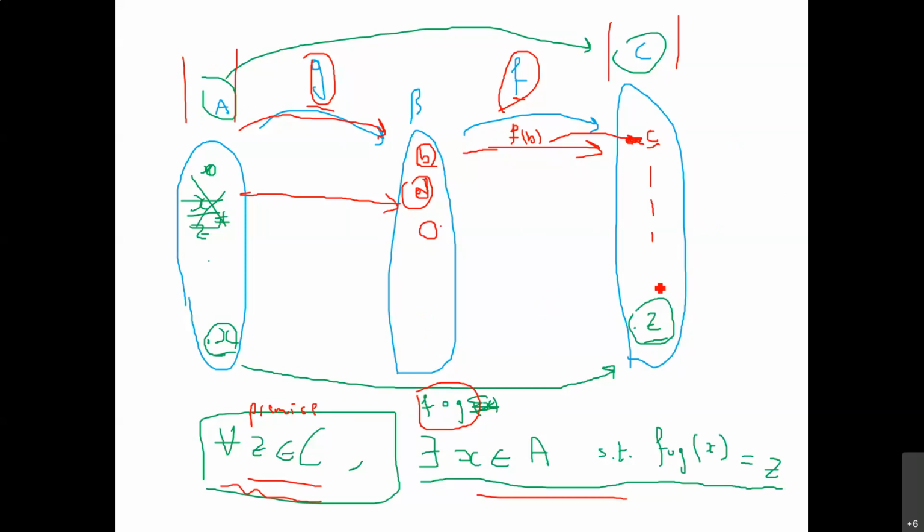Let's solve this. So, for every Z belongs to C, well, hey, F is what? It's surjective.